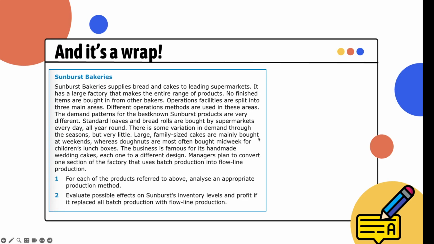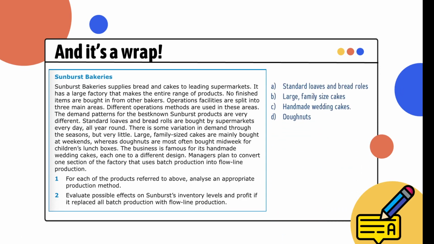So let's look at question one. Okay, so there are a couple of products here: standard loaves and bread rolls, large family size cakes, handmade wedding cakes, and donuts. Right.